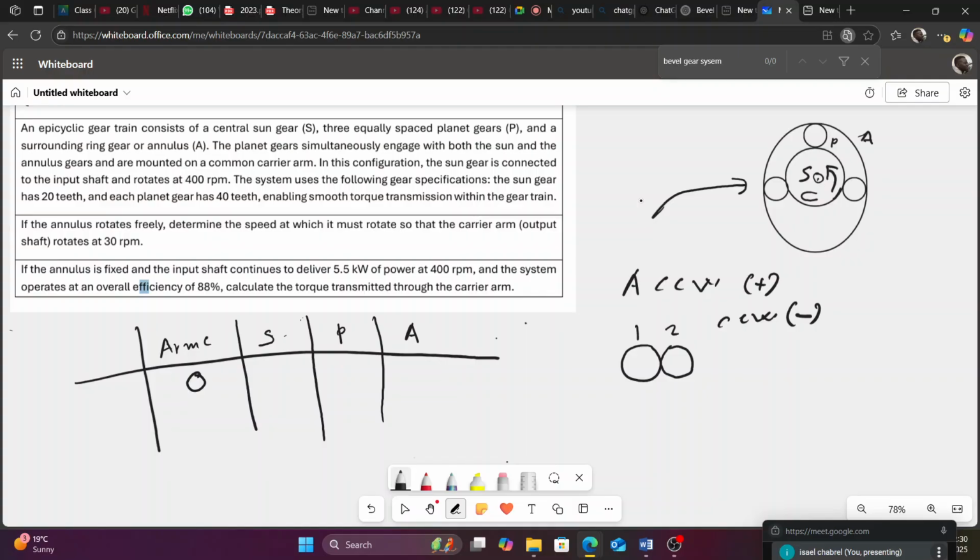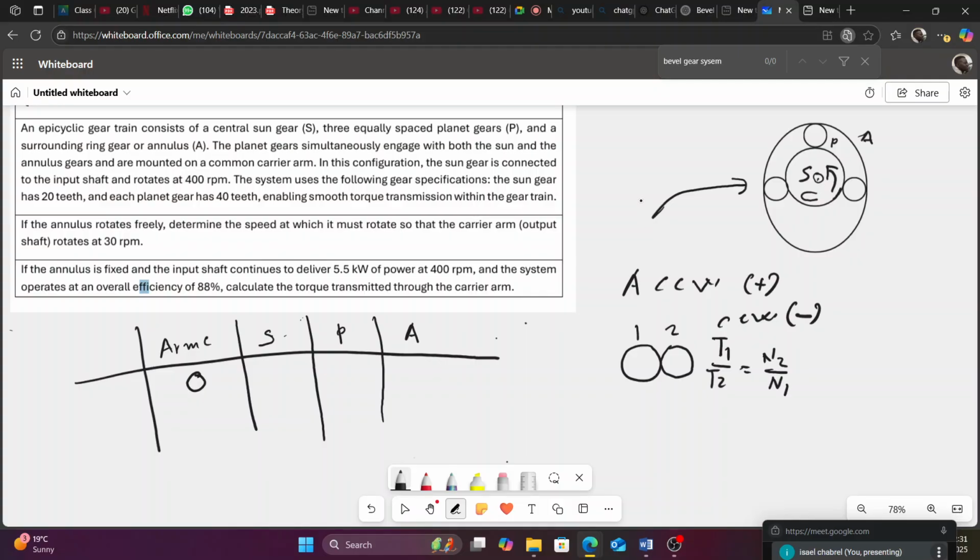If they say 2 gears are gearing, or they say they mesh together, it means they are touching. So as long as 1 and 2 are touching each other, they have what we call a velocity ratio, where you have, let's say, T1 over T2 equal to N2 over N1.